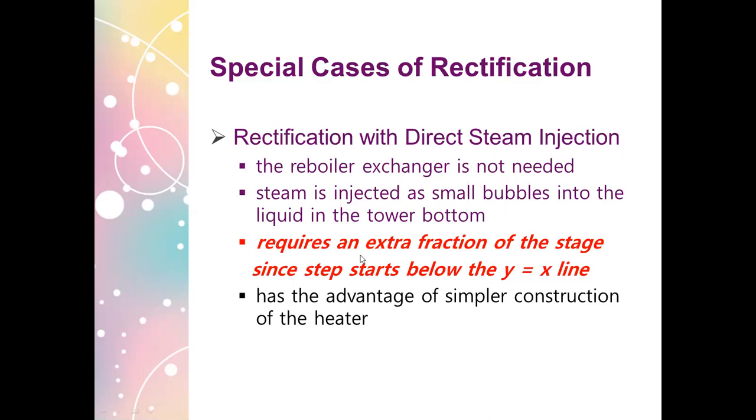It may not be an entire stage or an additional one stage, but an extra fraction of a stage. Now, it's because your stripping section operating line is drawn below the y equal to x line. But this is referring actually to the 45-degree line.